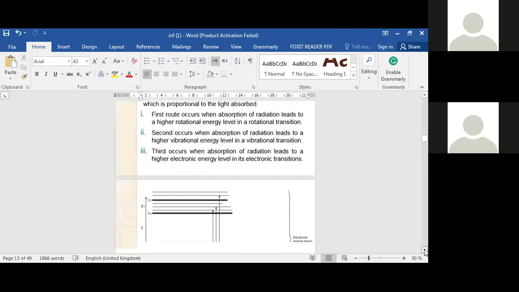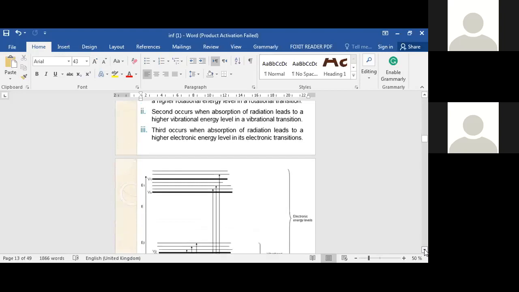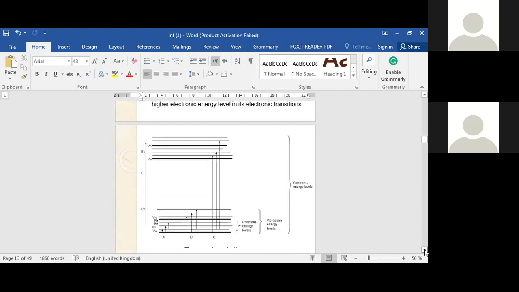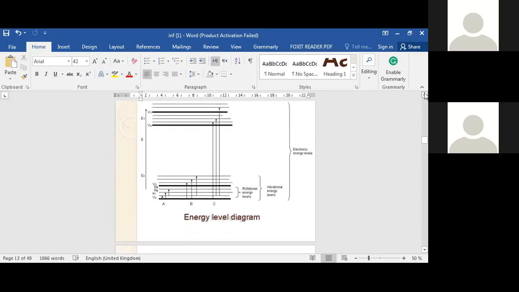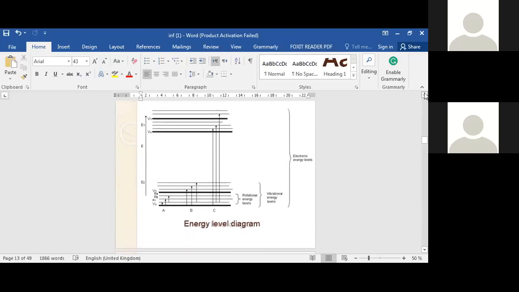So here are the levels. This is the energy levels diagram. We have, in the ground state, rotational energy levels and vibrational energy levels.